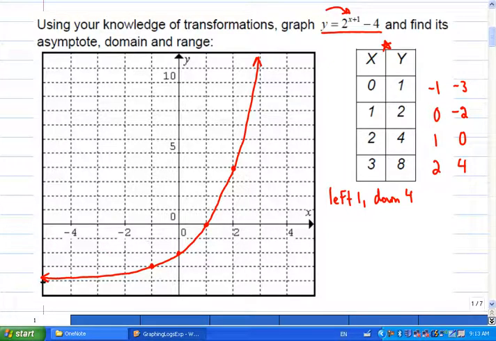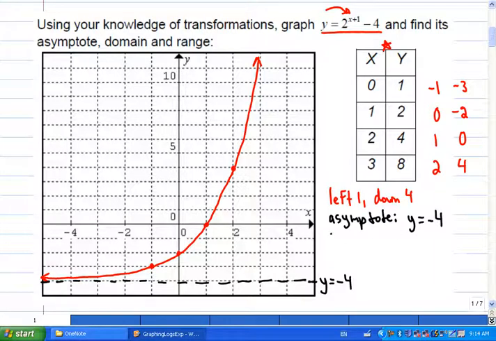And if I try to pick out those key features of the function now, I can see the asymptote down here at y equals -4. I can also see that the range, that's all values above here, are the values y greater than -4.